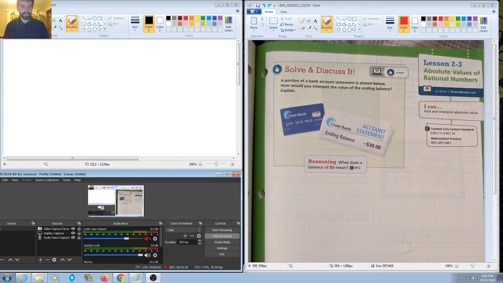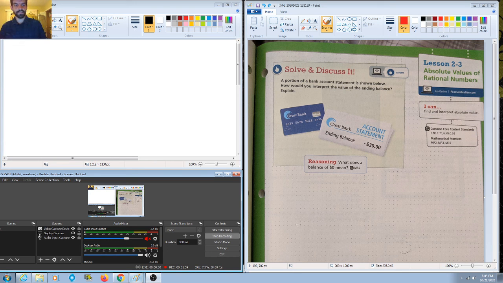The reason is that it is the fence line of the negative and positive numbers. So having that uniqueness of not having a negative or positive characteristic is pretty important. And the fact that absolute value looks at the distance from 0 makes it even more of a justice to its vitality as well.